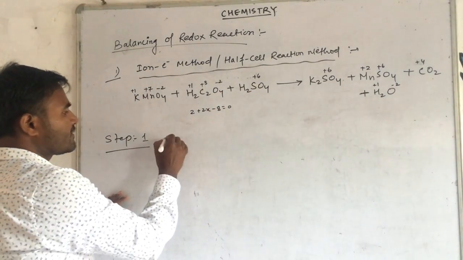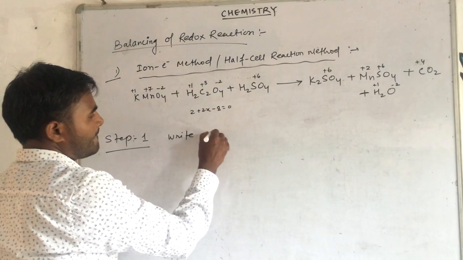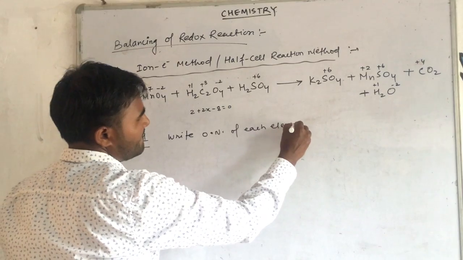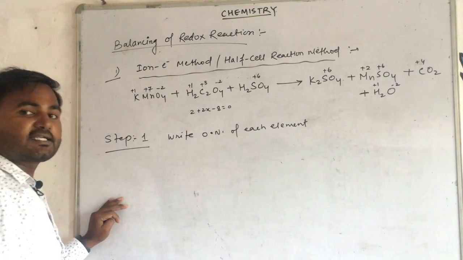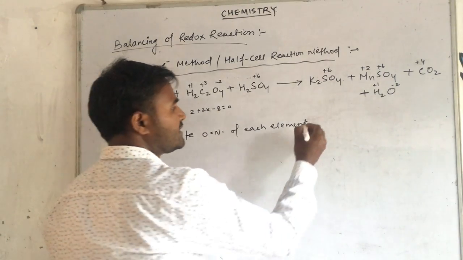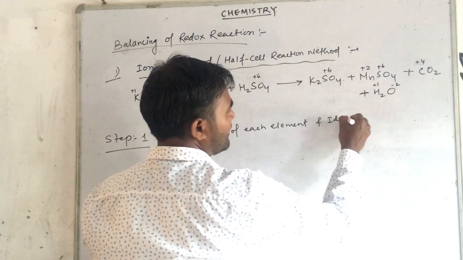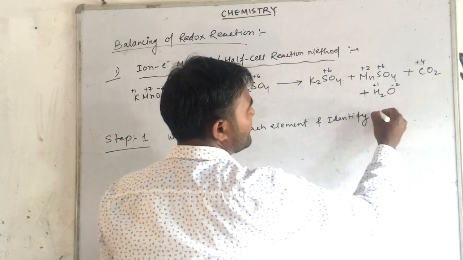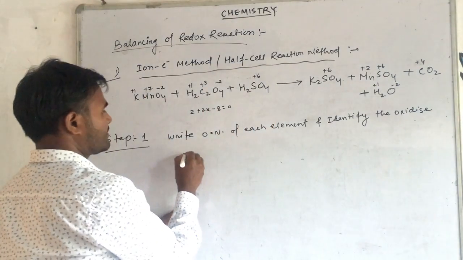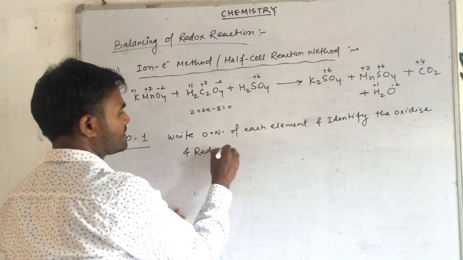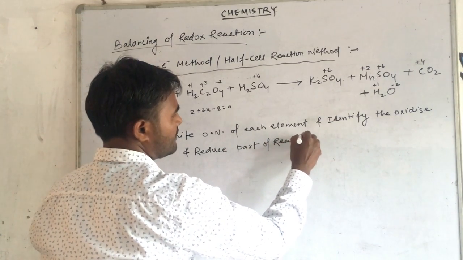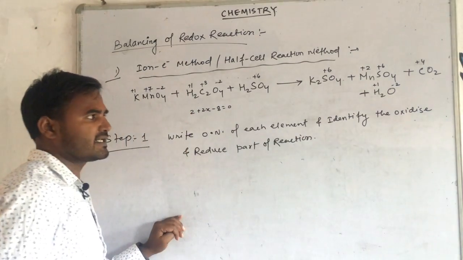So write down the oxidation number of each element, and after that you have to identify which part is going to oxidize and which part is reduced. Clear?